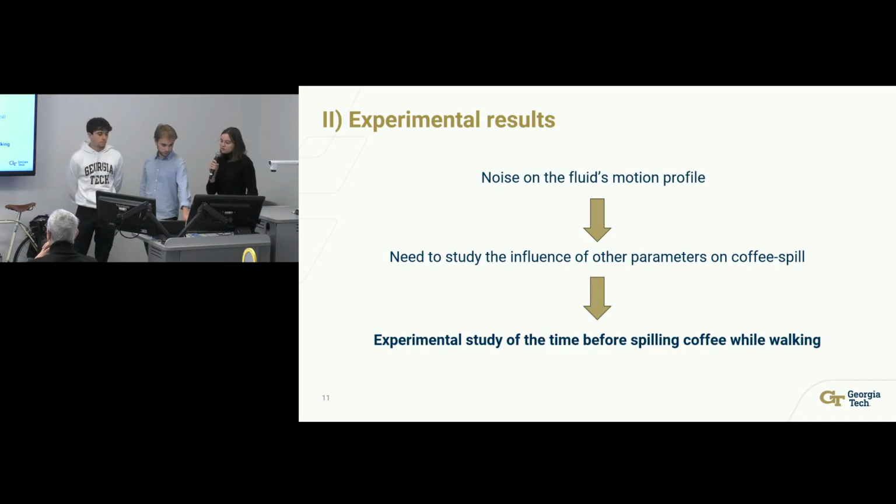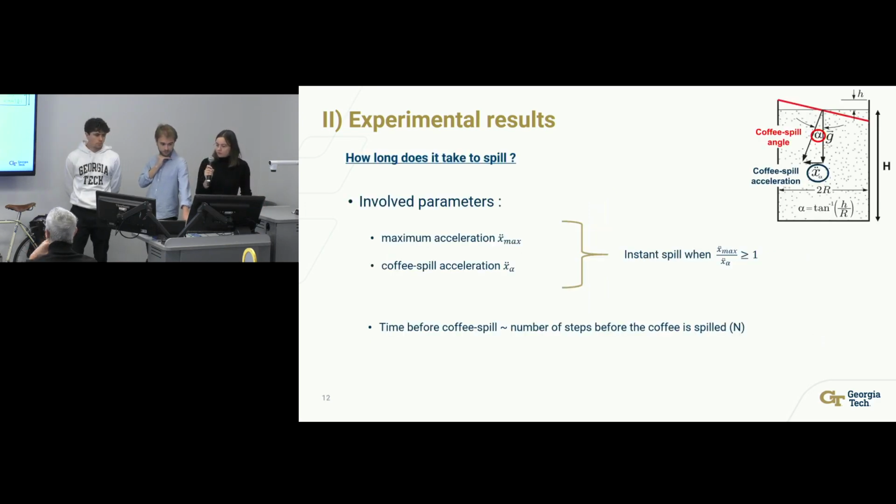As we can see noise on the fluid's motion profile, the paper then studies the influence of other parameters on the coffee spill effect. So they make an experimental study of the time before spilling coffee while walking, which is basically the number of steps that one can do before spilling one's coffee. So how long does it take to spill?